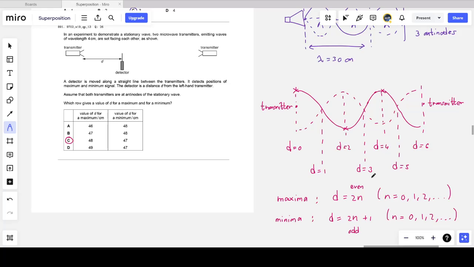You need to know where these are. Once you have those positions of your nodes and antinodes, you can relate the length of your string or the length of your tube to the wavelength of the wave. And usually that helps you solve most problems.